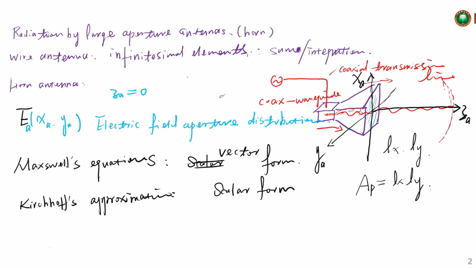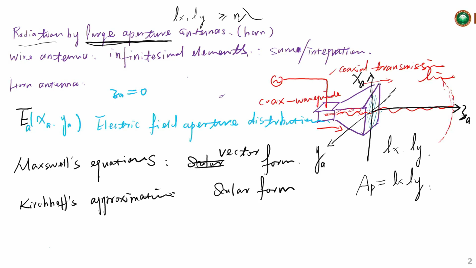As we mentioned here, the radiation by a large aperture antenna. Large aperture means its size or dimension, Lx or Ly, should be larger than several wavelengths. For example, for antennas that operate in the terahertz range of 110 to 170 gigahertz, the aperture size is around 1 centimeter.